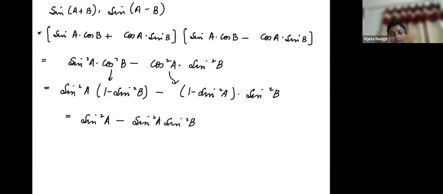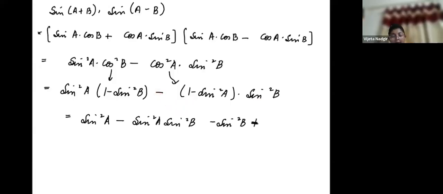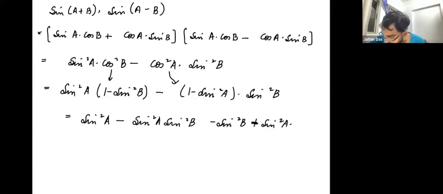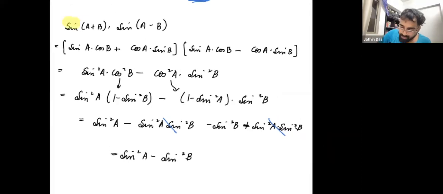Here there is a minus, so minus sin square B will come. And that is minus into minus, plus. So plus sin square A sin square B. Anything will cancel? Yeah. These two terms will cancel. So you will have to remember sin A plus B into sin A minus B.